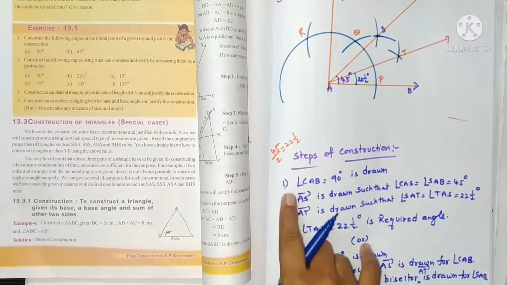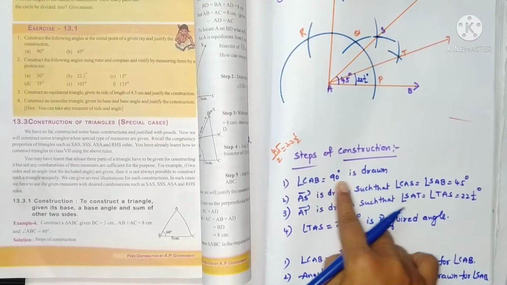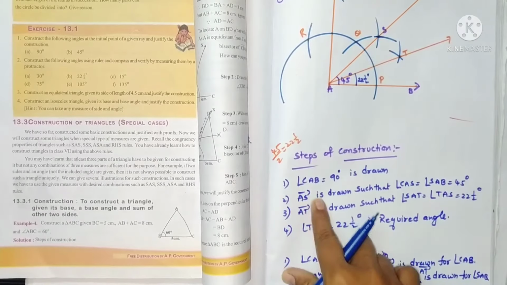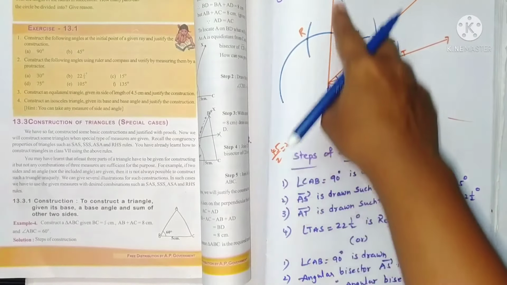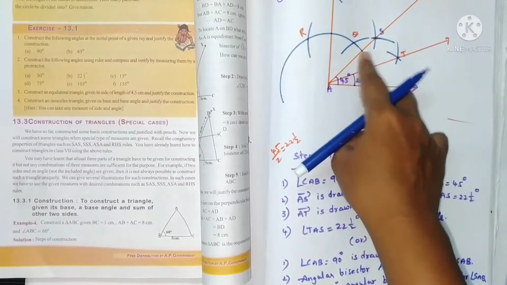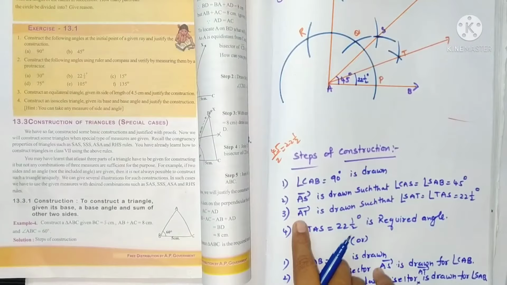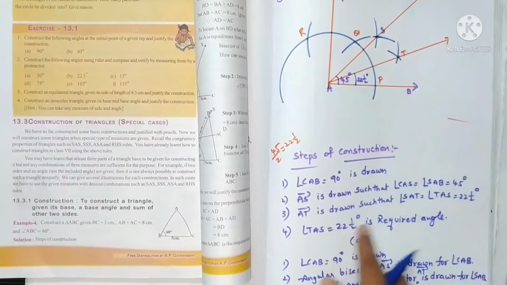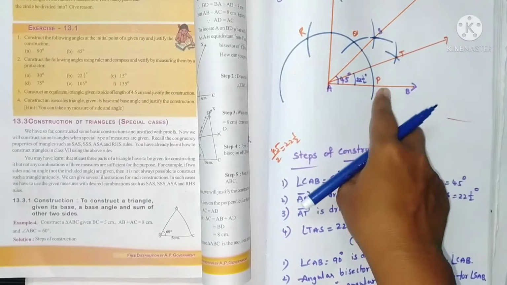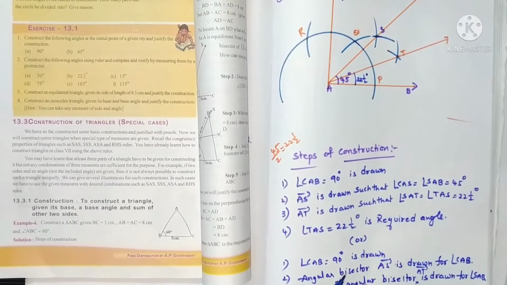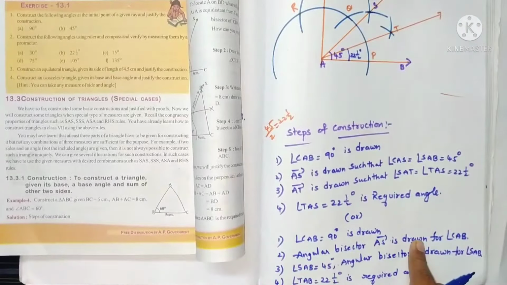Steps of construction. First, angle CAB equal to 90 degrees is drawn. Next, AS ray is drawn such that angle CAS equals angle SAB is 45. Next, ray AT is drawn such that these two parts are equal to 22 and half. So this is the required angle. Otherwise, you can write like this also.